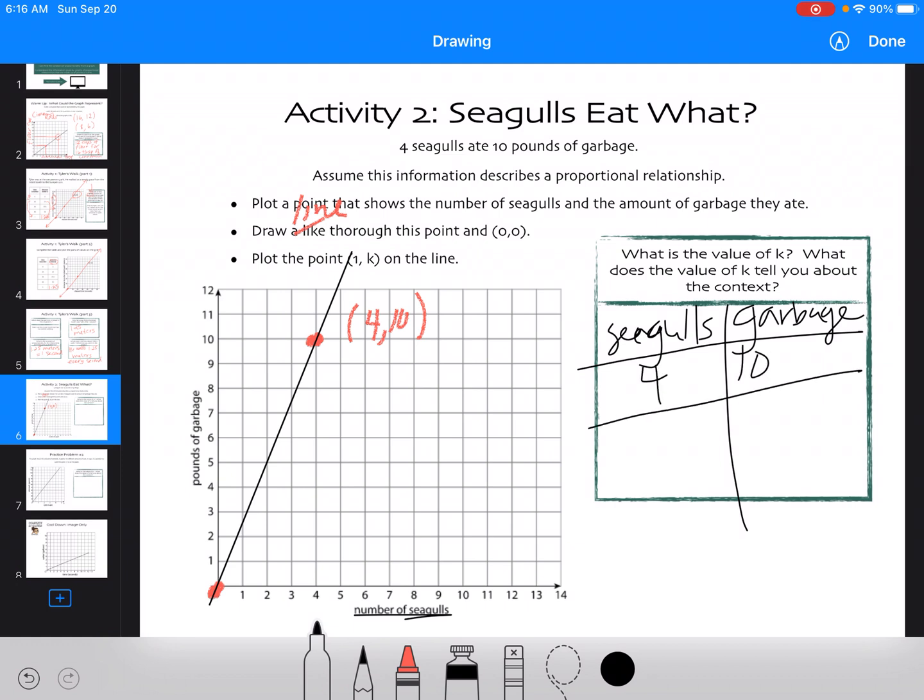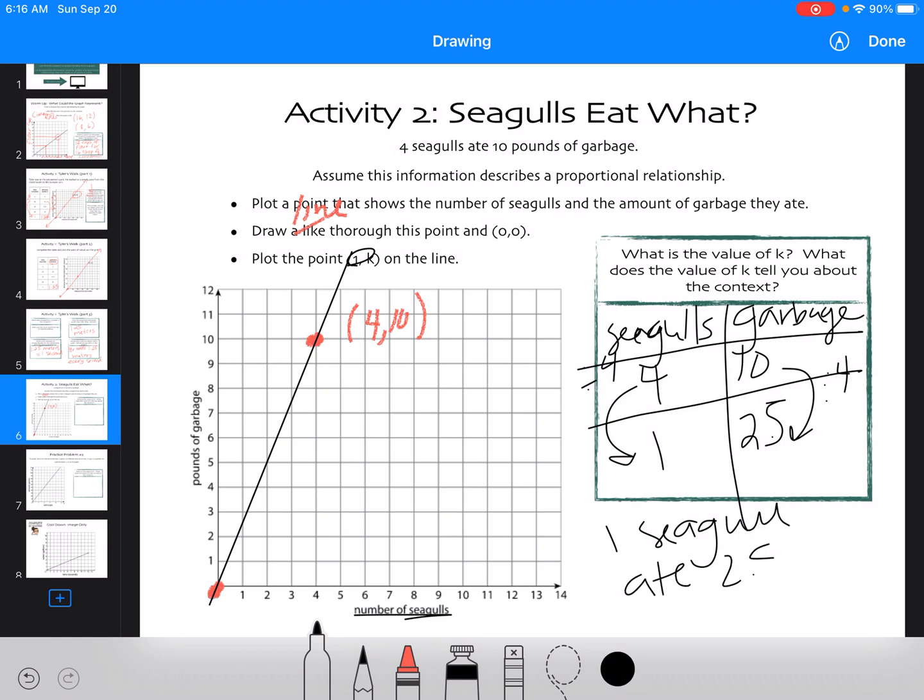So if I want to figure out what 1 is, I have to divide by 4, so it's 2.5. So that means that 1 seagull ate 2.5 pounds of garbage. So if I was going to plot that on the graph, it would be right there. And my line actually goes through that point.